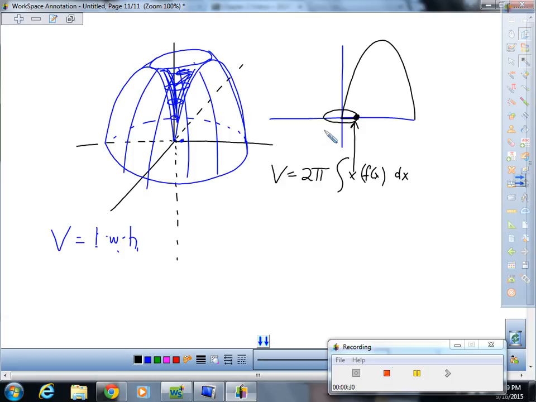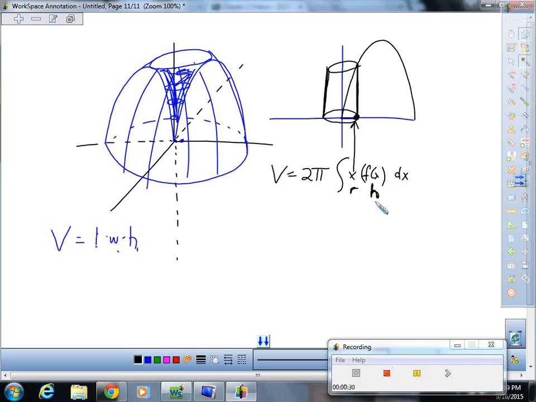So we are going to call that the radius. F of x is the height of the cylinder, okay, at that point x. So we are going to refer to that as height.